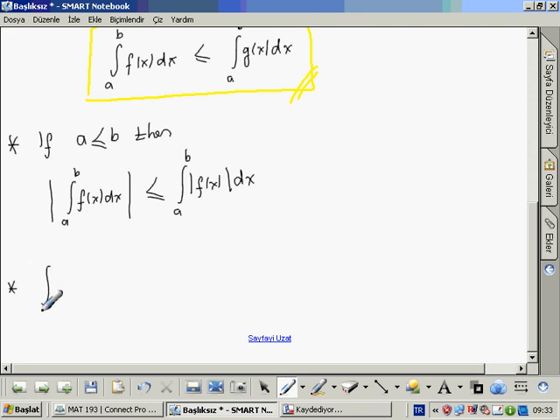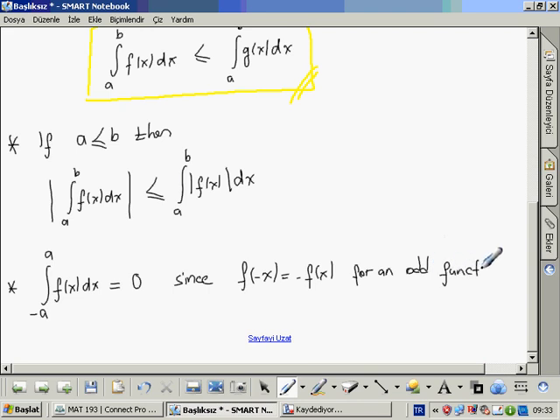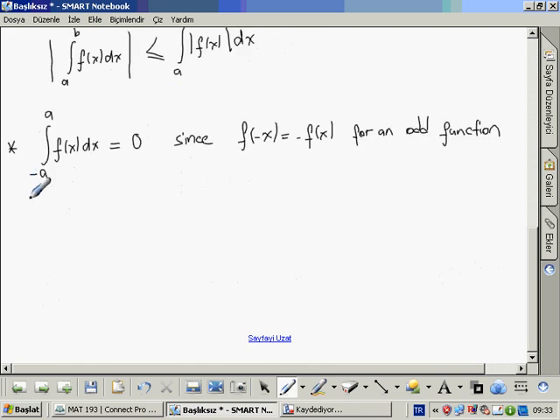Then the integral from minus a to plus a of f of x dx equals 0, since f of minus x equals minus f of x. That means, for an odd function, as you know, the integral is 0.